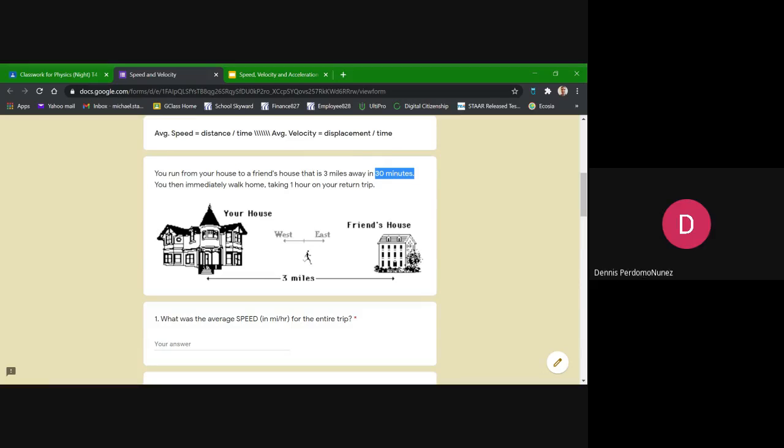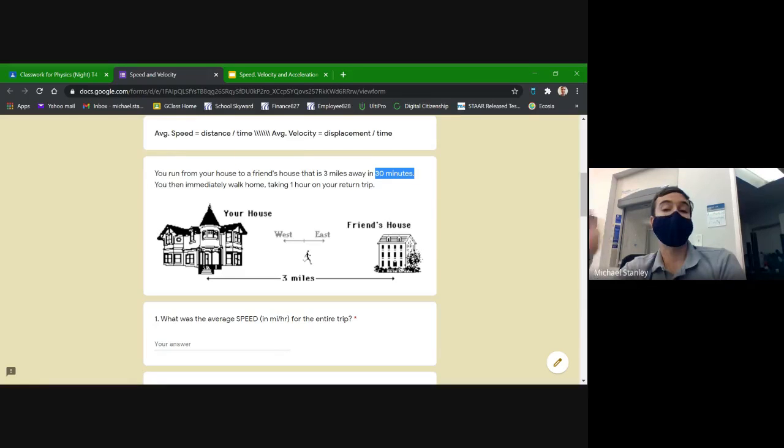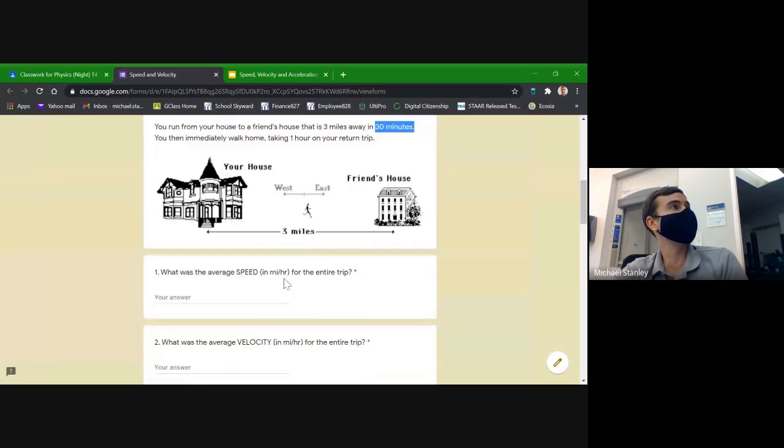Half. Yeah, 50, right? 30 minutes is the same thing as half an hour. So these down here want you to calculate it in hours. And so it took 1.5 hours for the trip, right? Half an hour there and 1 hour back means 1.5 hours in total.